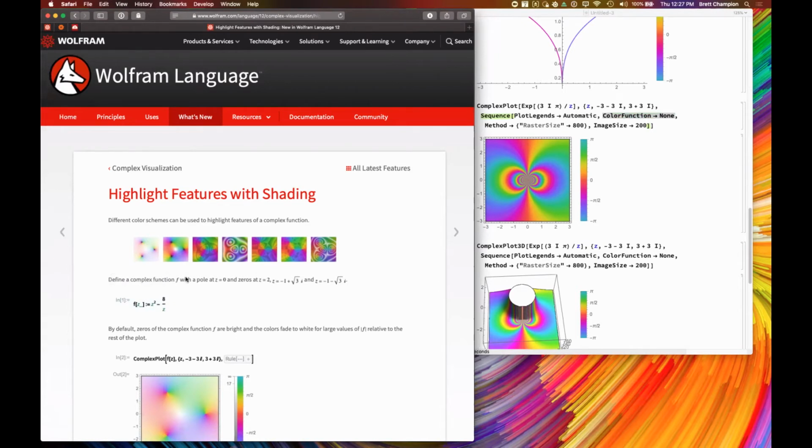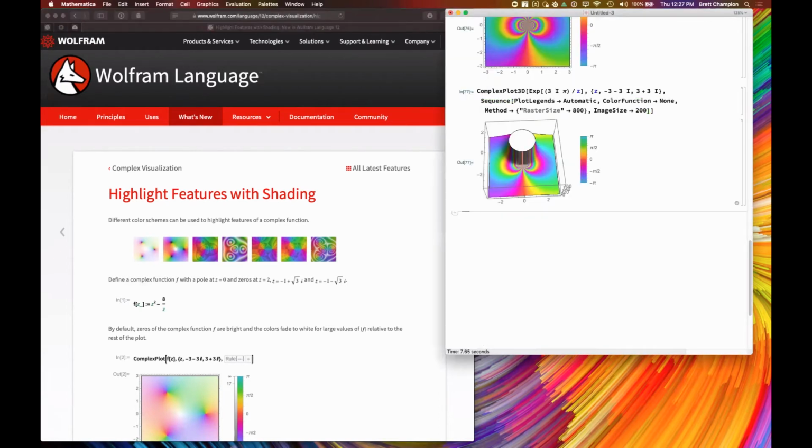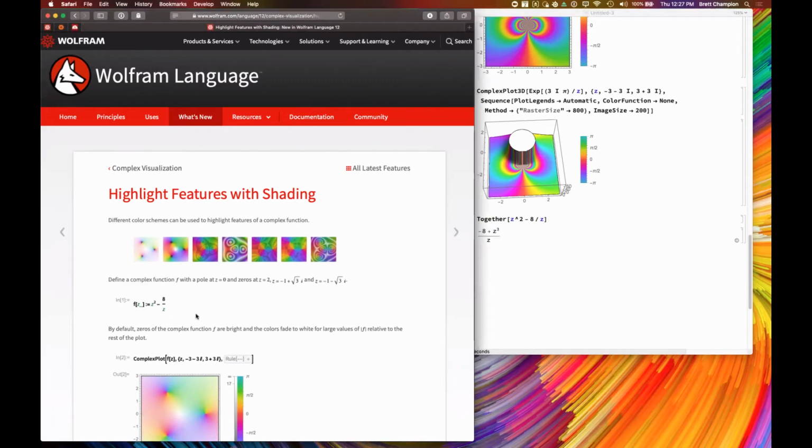The function looks like it should only have 2 zeros because there's z squared, but if we do this together, then we see that really that's a cubic in the numerator, and so that's why we have 3 zeros instead of 2. When we were working on this example, it took me a moment to figure out why the numbers weren't matching the way I initially thought they should.